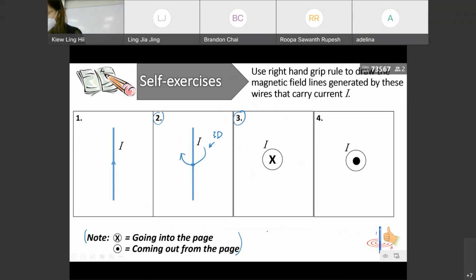We will have these 2 symbols to help you: cross product and dot product. Cross means going into the screen. Dot means coming out from the screen. So if you want to draw here, what is the 2D type of drawing? On the left-hand side, the magnetic field is going into the screen, am I right? So what you can do is draw a cross on the left-hand side.